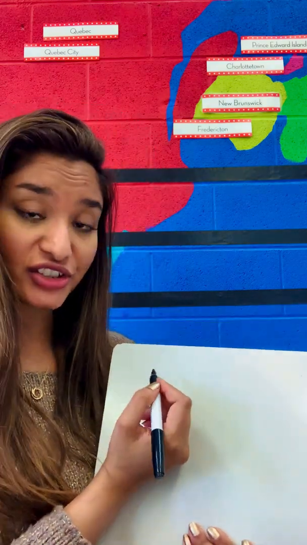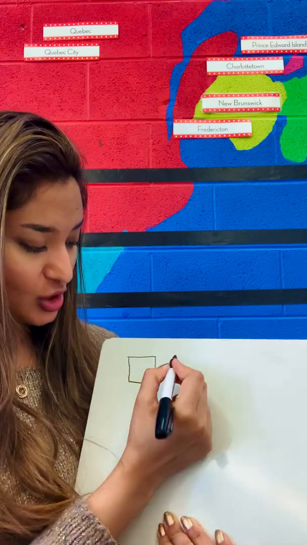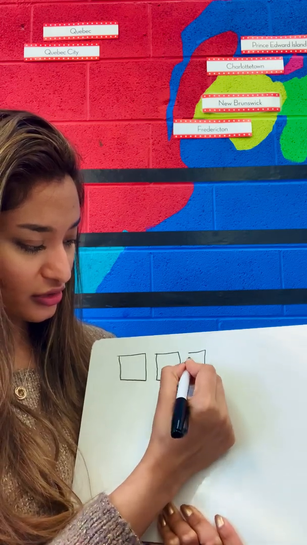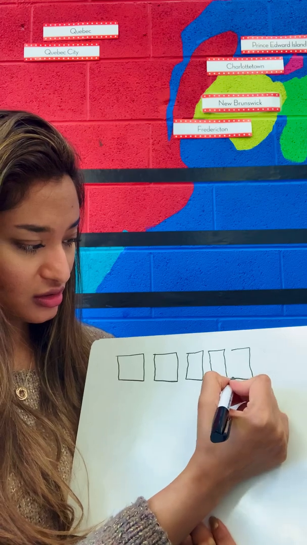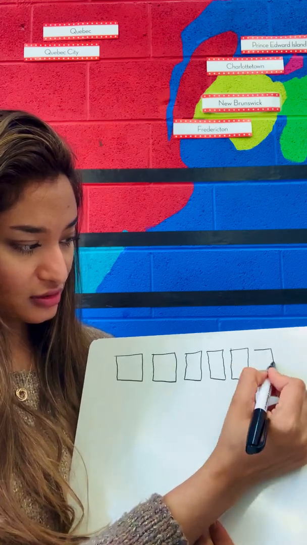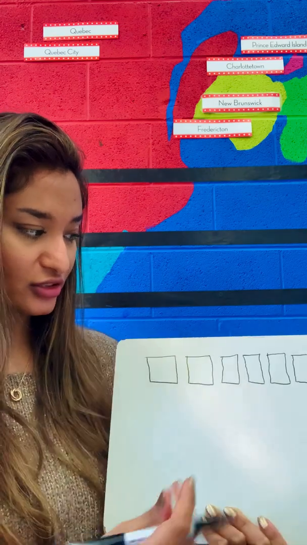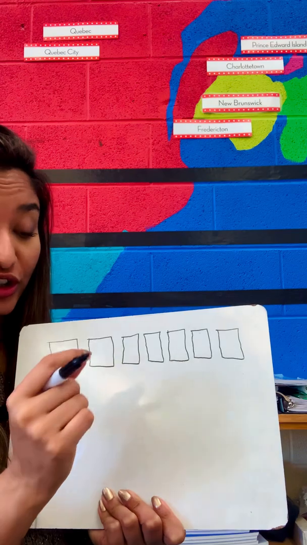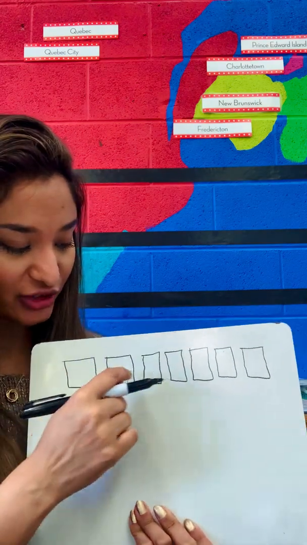So how many boxes are there? There are 7 boxes. 1, 2, 3, 4, 5, 6, and 7. Okay, so there are red and blue pens in each of these boxes, right?